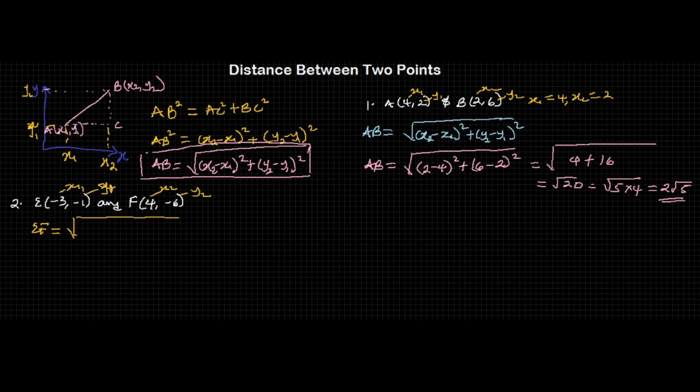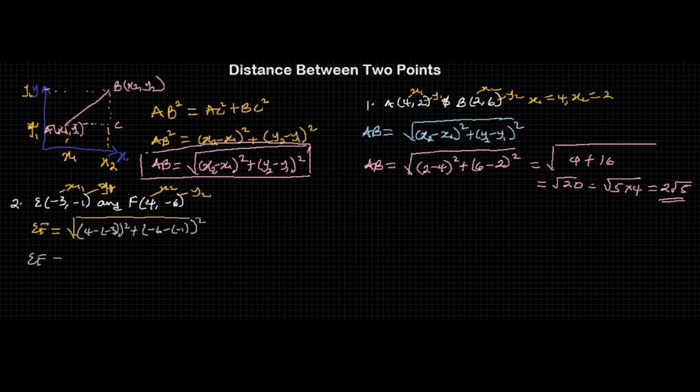So putting it here as we have it there, we are going to have x2 minus x1, which is 4 minus (-3), all squared, plus minus 6 minus (-1), all squared.